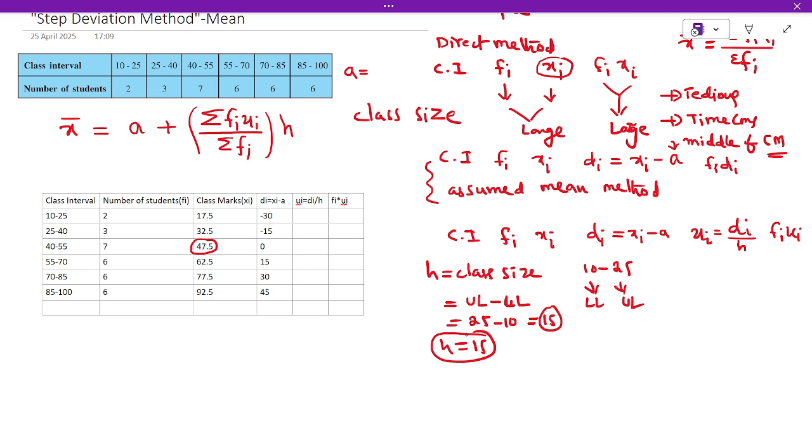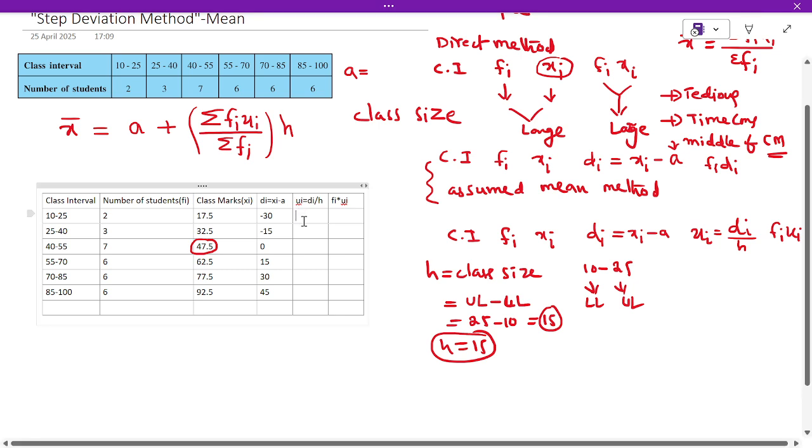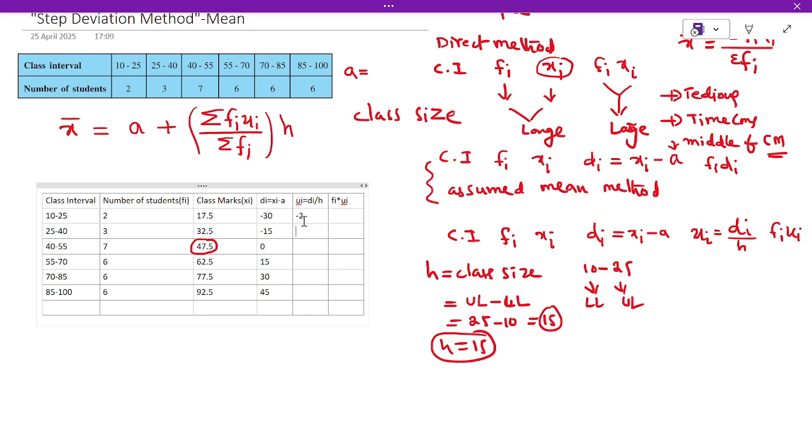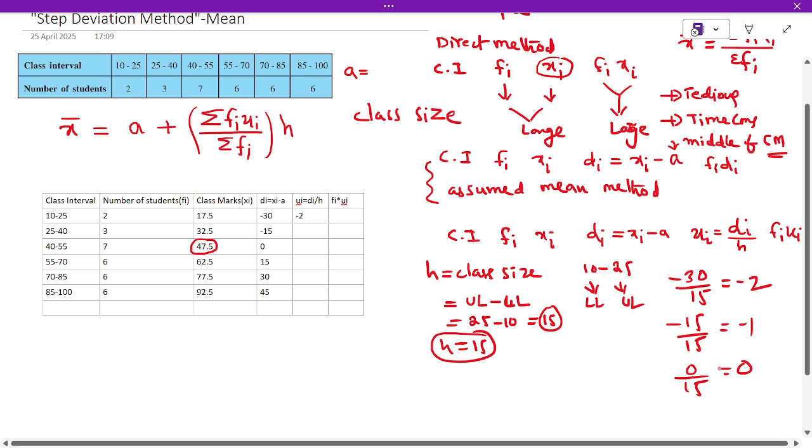Now you just divide all these di's by 15. Minus 30 divided by 15, how much is it? Minus 2, right? Similarly minus 15 divided by 15 is minus 1, and 0 upon 15 is 0, and so on.